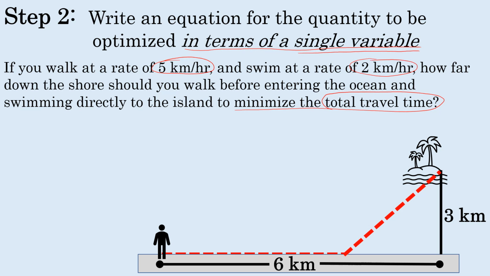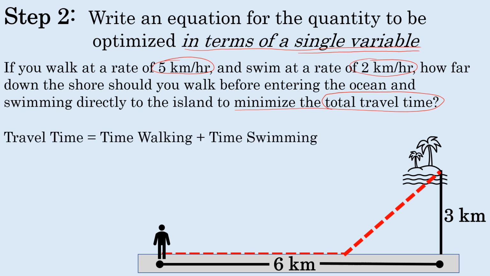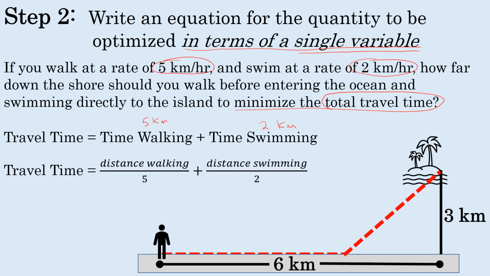Therefore, at its base, the total travel time will be time spent walking plus time spent swimming. Remember, the time spent walking is at 5 kilometers per hour, and the time spent swimming is at 2 kilometers per hour. So the total travel time will be the distance walking divided by 5 plus the distance swimming divided by 2.